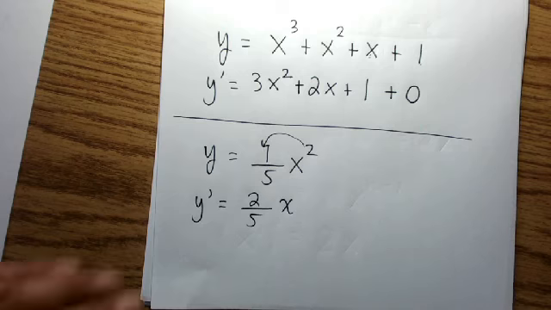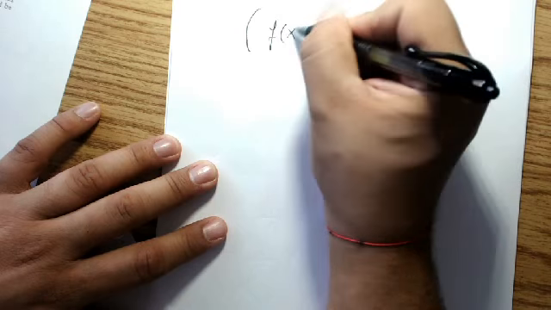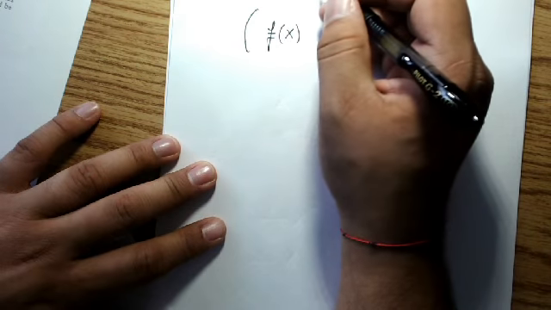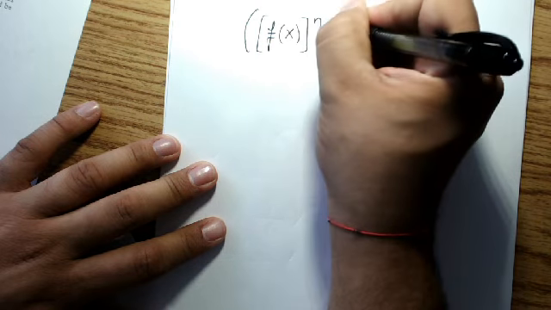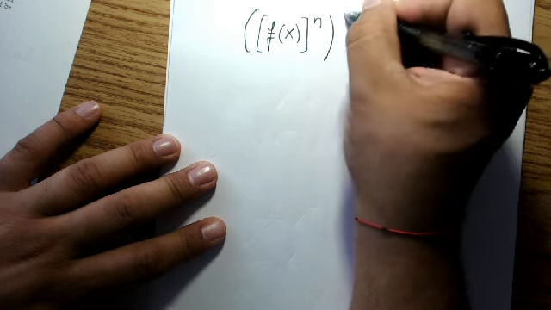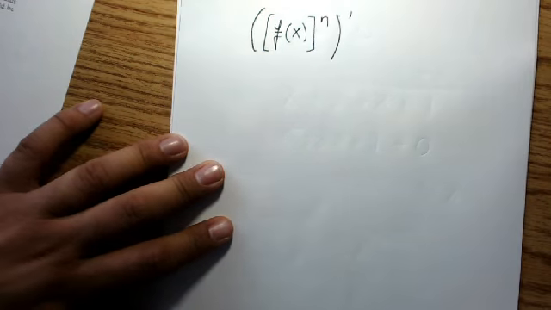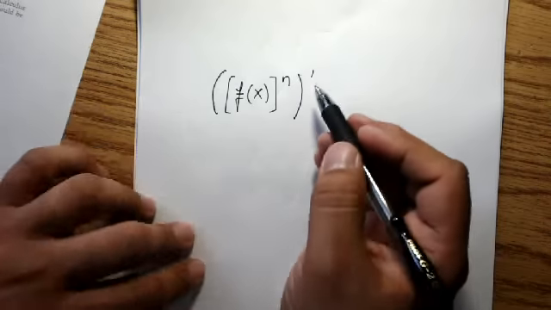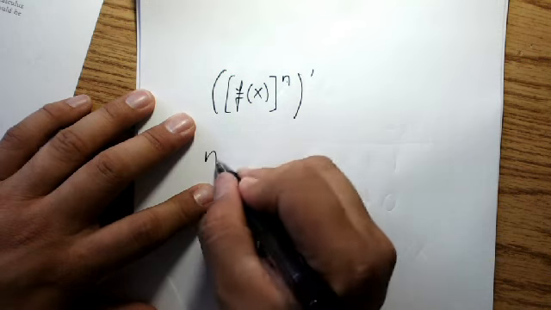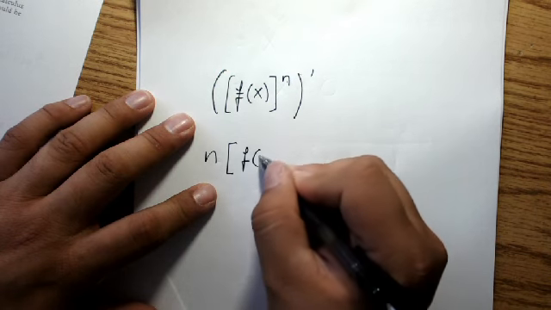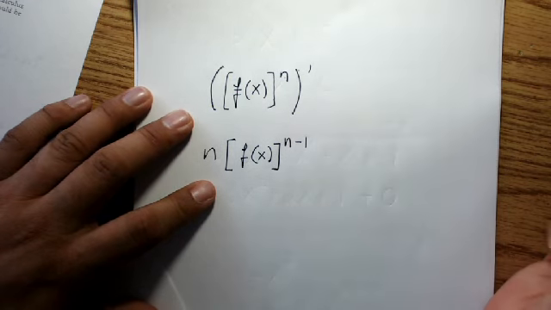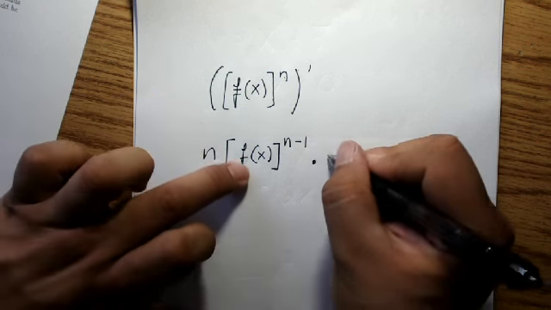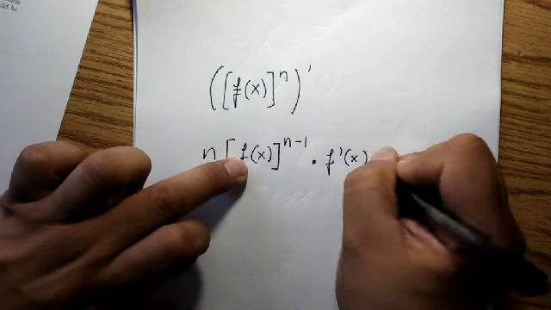The chain rule extension is saying f of x raised to some power of n, and then you take the derivative of that. So this is what you would do: you take the n, multiply it, leave the f of x alone, subtract 1 from the power, and then multiply times the derivative of the original function, f of x.